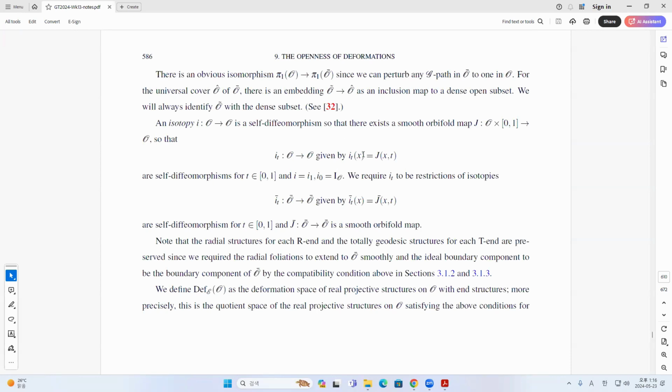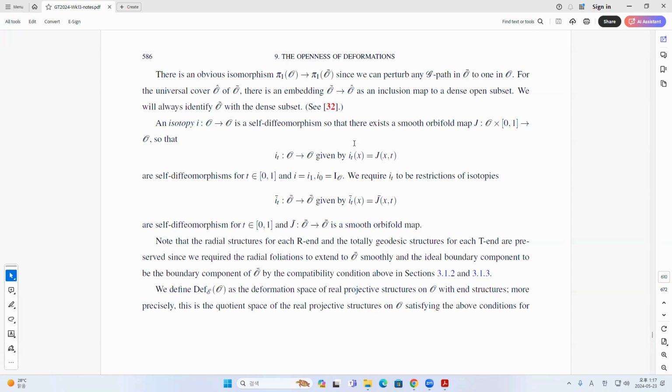And of course there is also an isomorphism of the fundamental group. So you take the universal cover of O bar, and there is an embedding of the universal cover of O into the universal cover of O bar as an inclusion map, and then we can identify O tilde as a dense subset.